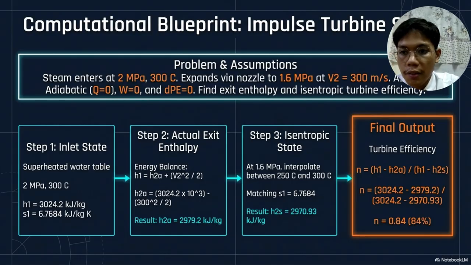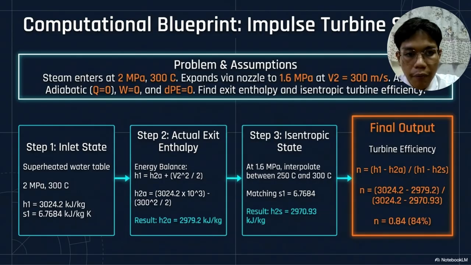Step 2, actual exit enthalpy. Using the energy balance formula, out of the full formula we are only left with h1 equals h2 plus V2 squared over 2. This is for the actual scenario.